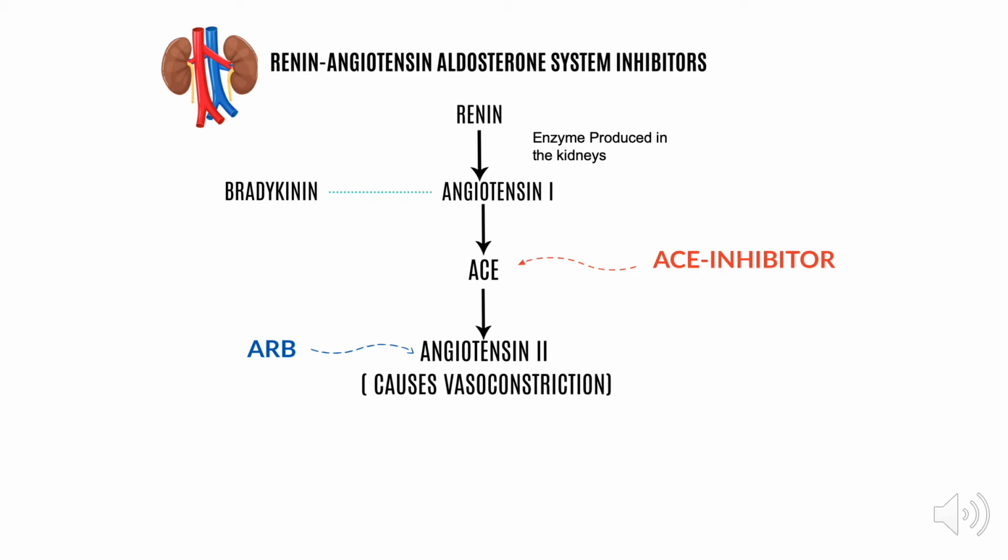Now, angiotensin 1 will become angiotensin 2 with the ACE enzyme. So the ACE inhibitor blocks the ACE enzyme, and essentially what we're going to do is block angiotensin so that we're stopping vasoconstriction.